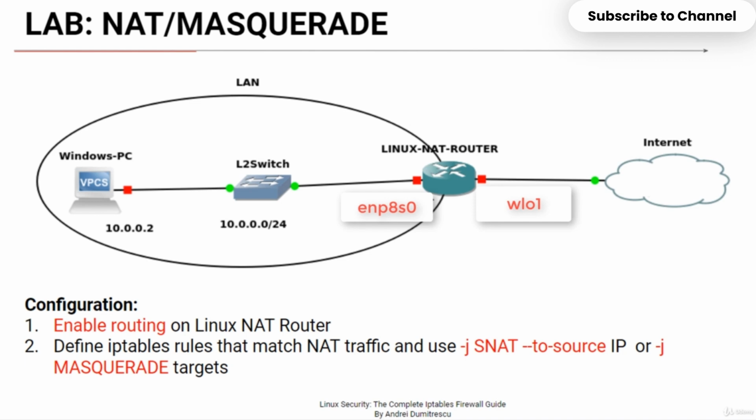This is our topology. This is my Windows recording computer that's connected to the NAT router using an Ethernet connection through a layer 2 switch. The NAT router runs Ubuntu and is connected directly to the internet using a wireless connection. The name of its external interface is wlo1 and the name of its internal or LAN interface is enp8s0.